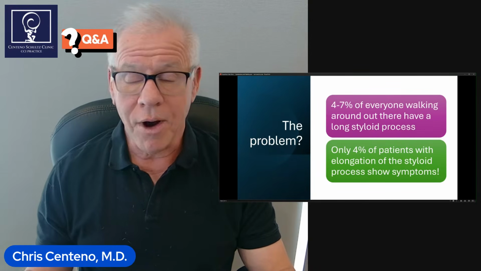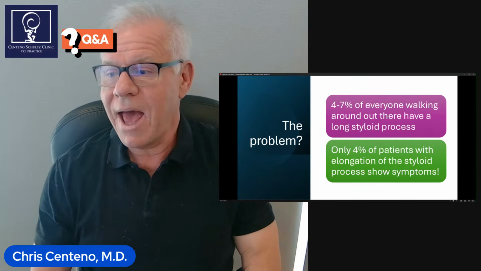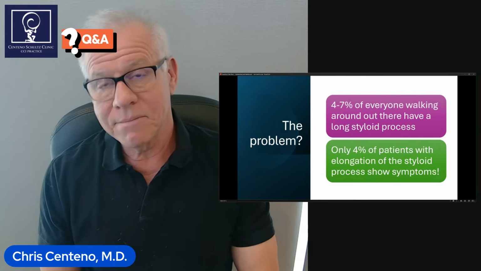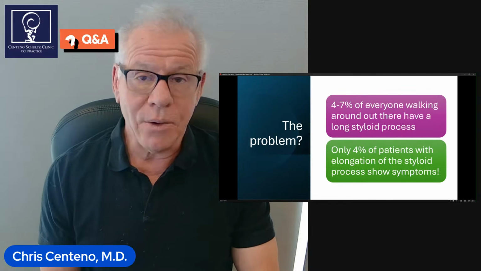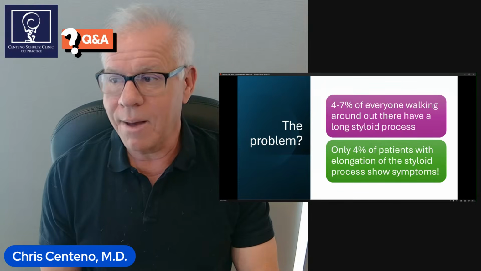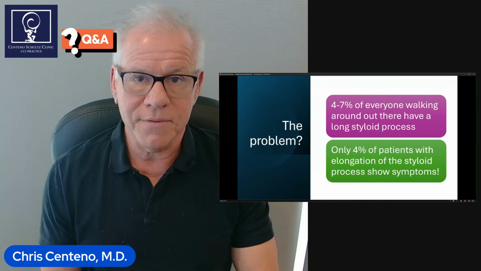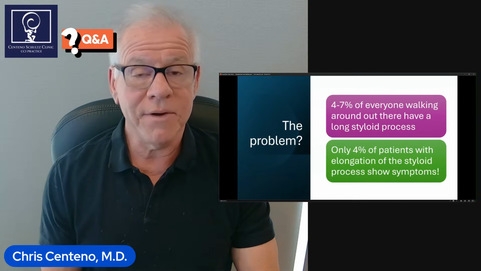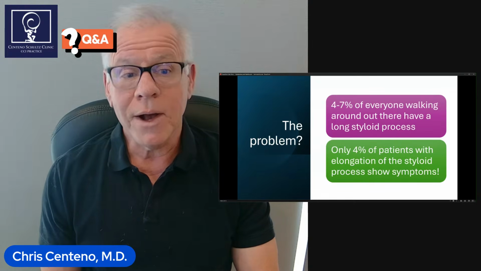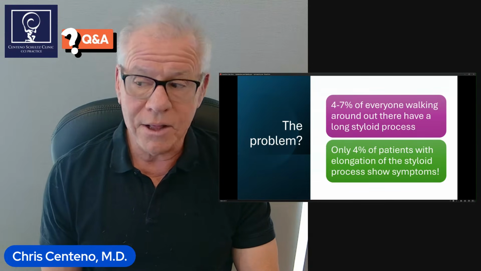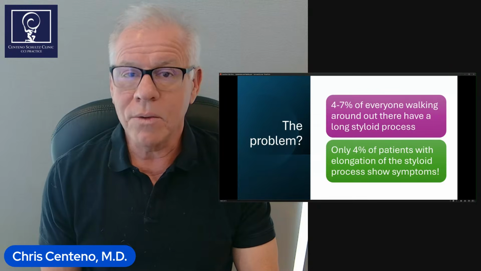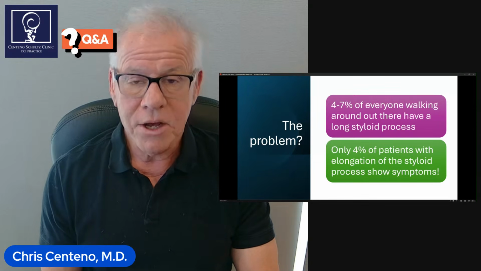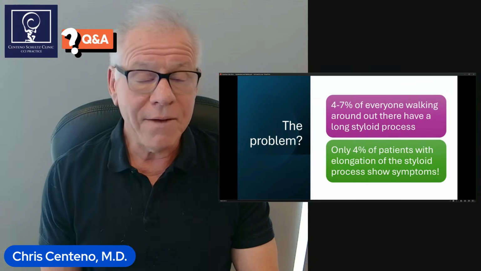Now, the biggest problem is that elongated styloids are pretty common, right? If we were to take 100 people off the street, somewhere between 4 to 7 of them who are living a normal life of no problems at all would have a long styloid. And then only about 4% of those patients would actually have symptoms, right?